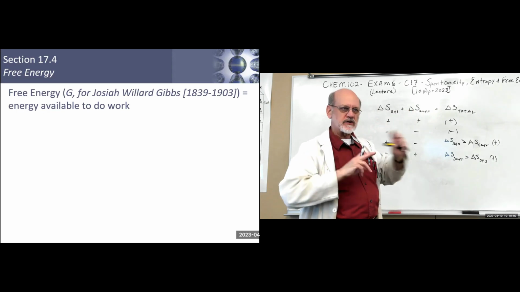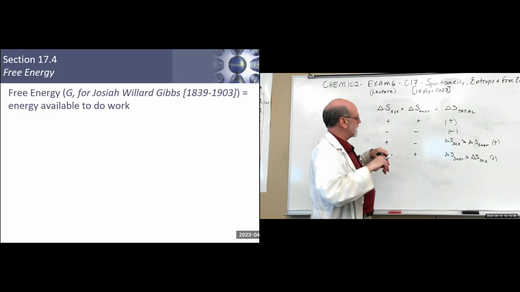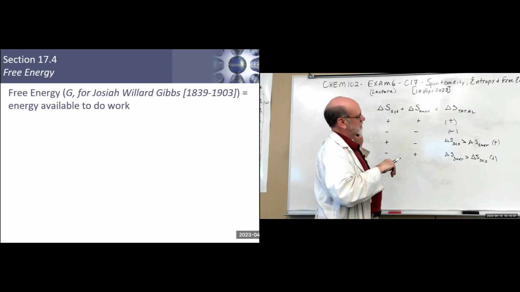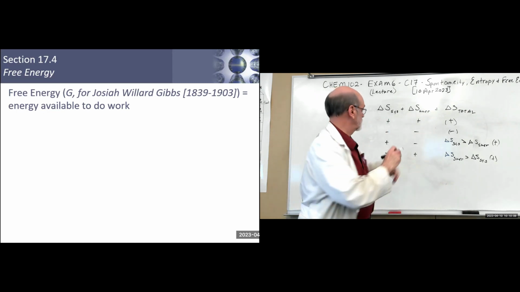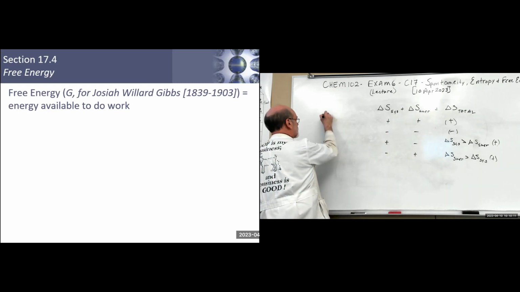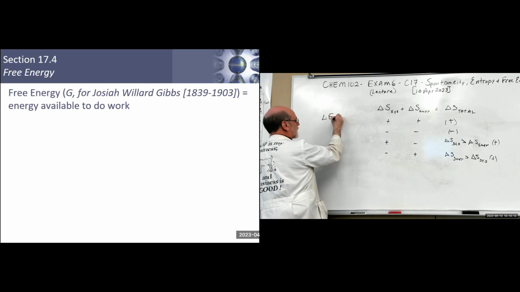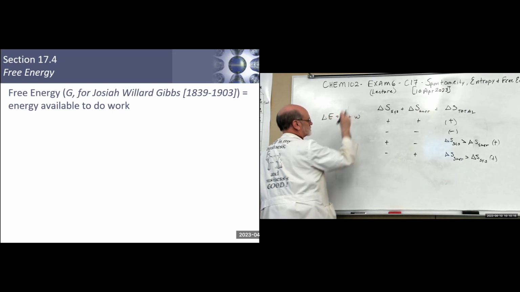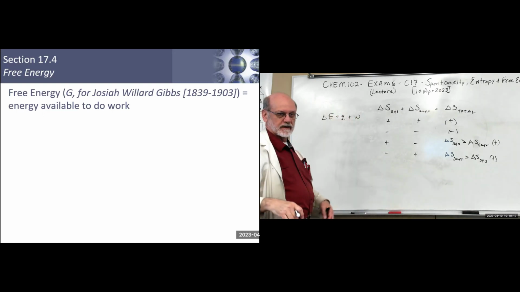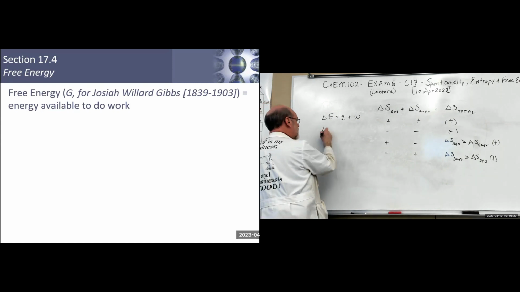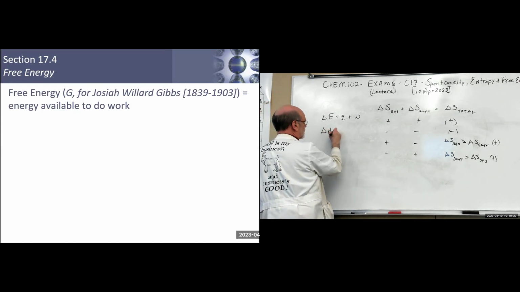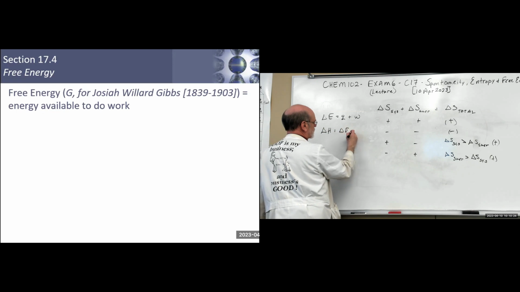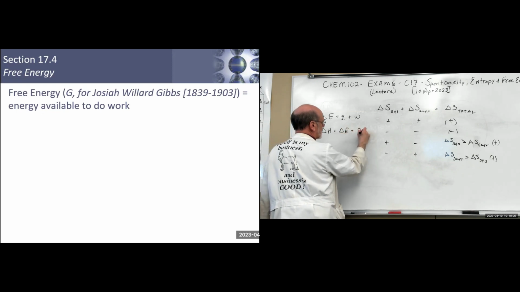We can measure heat transfers. We can measure total energy. We can say internal energy is equal to Q plus W. Right? We can measure those things. We can equate that here plus P times delta V.